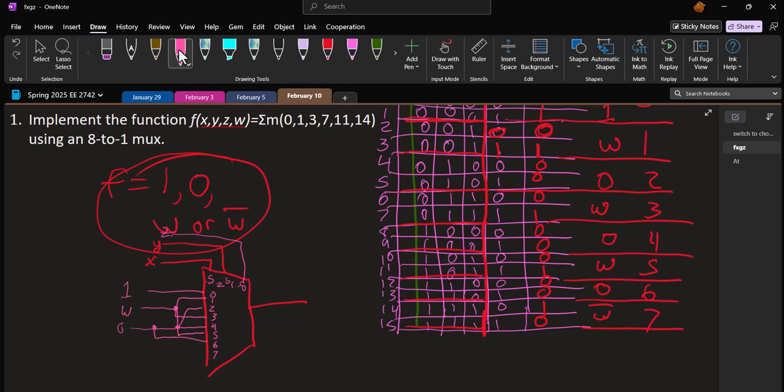And 7 is W not. So you would need a NOT gate. And that's how you would implement this function using a multiplexer.